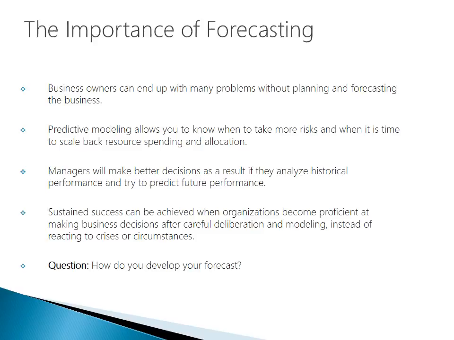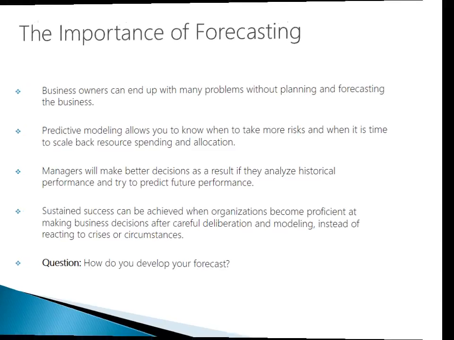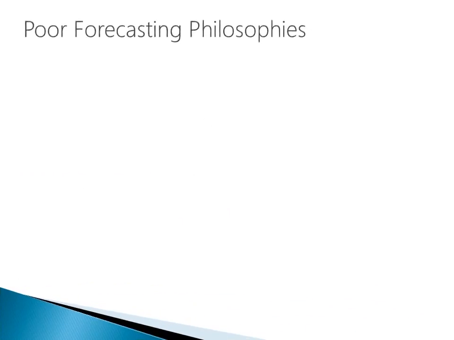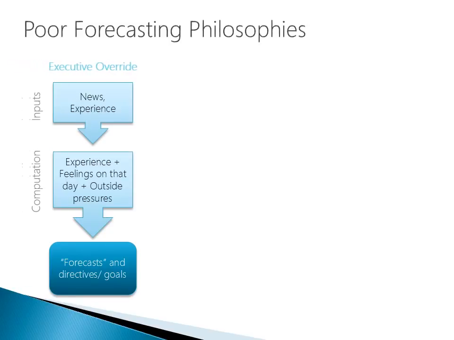So one question that I would pose to a business owner is, how do you develop your forecast? And forecast in this sense, I'm really talking about from a financial perspective, and this would be your budget, your sales budget. There are many different poor forecasting philosophies, and I've seen most of these in my professional experience. One is what we call the executive override.